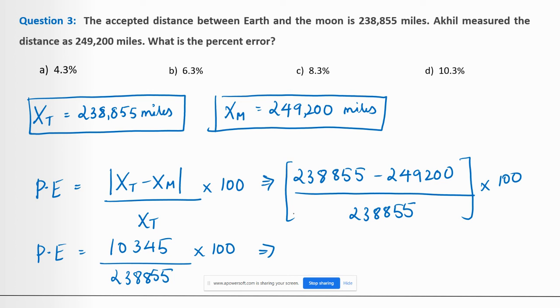Upon solving, you will be getting 0.0433 multiplied by 100. So the final answer is 4.33 percent. So option A is going to be your correct answer.